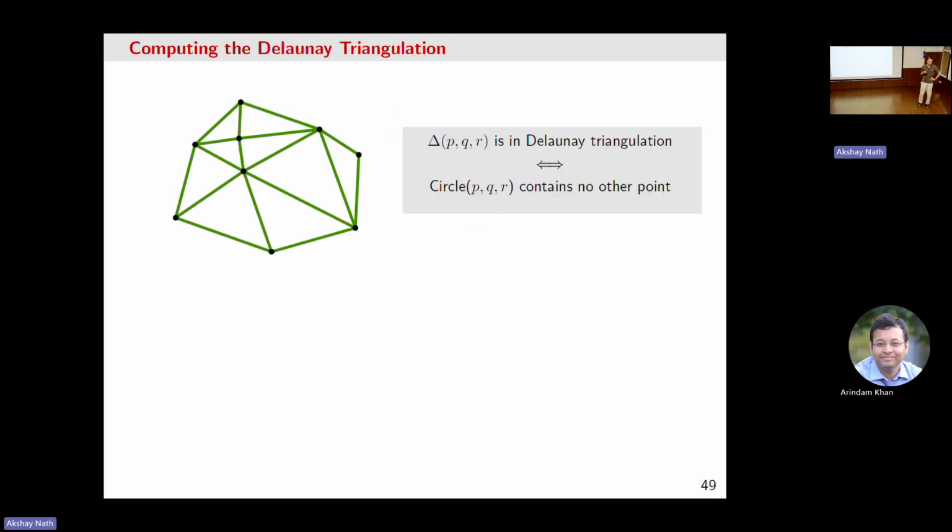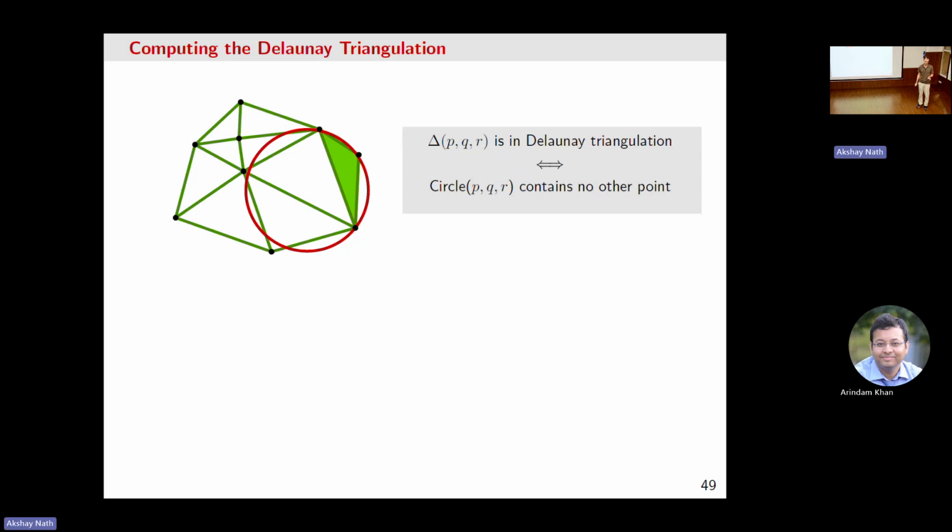The important property that we'll also be using in the algorithm is the following. If you look at a triangle in the Delaunay triangulation, and like this one, I take the circle that contains the 3 vertices of the triangle, then there are no other points inside.